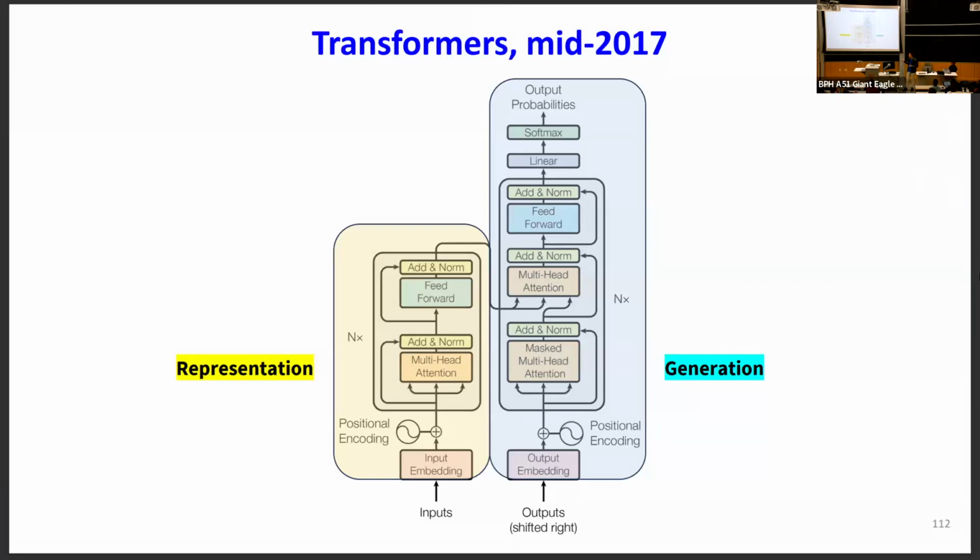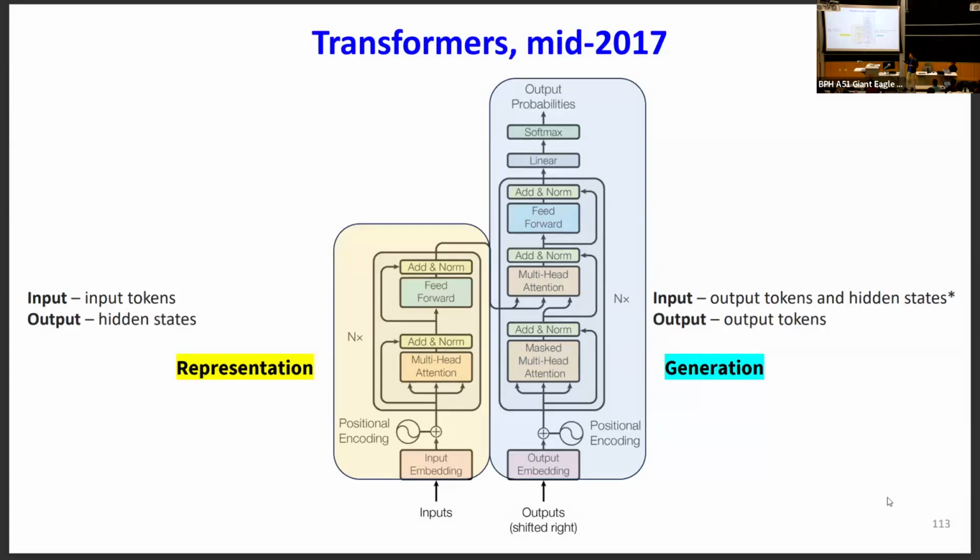So here it is. Let's first look at what the encoder and the decoder are respectively responsible for. The encoder is responsible for taking input tokens, which basically means raw text, and it outputs hidden states. And the decoder takes in output tokens and encoder hidden states. The output tokens it takes in here, and the encoder hidden states it takes in via cross-attention, and it outputs tokens.